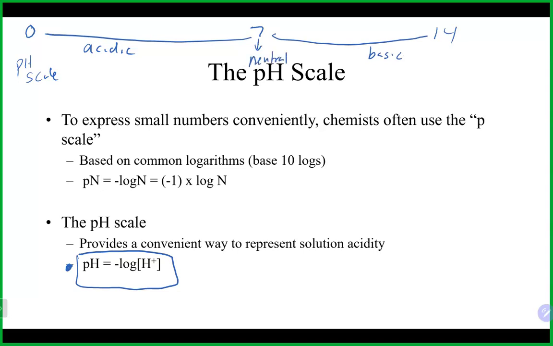At 7 is neutral because if you take the H plus concentration and OH minus concentration and they equal each other, it technically will equal 1 times 10 to the minus 7, which gives you a pH of 7 on the nose. As you go from 7 towards 14, that's going to be basic. As you go from 7 towards 0, that's going to be acidic, or more acidic, I guess. That's the way to put that.